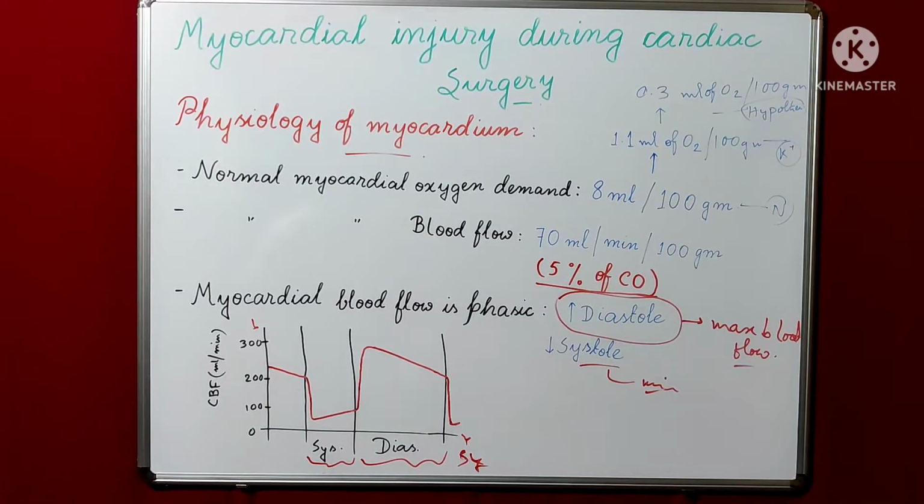Next is the blood flow to the myocardium, which is controlled by autoregulation, and I have already mentioned the autoregulatory threshold, that is 60 to 180 millimeter of mercury. Next is arterial oxygen saturation.